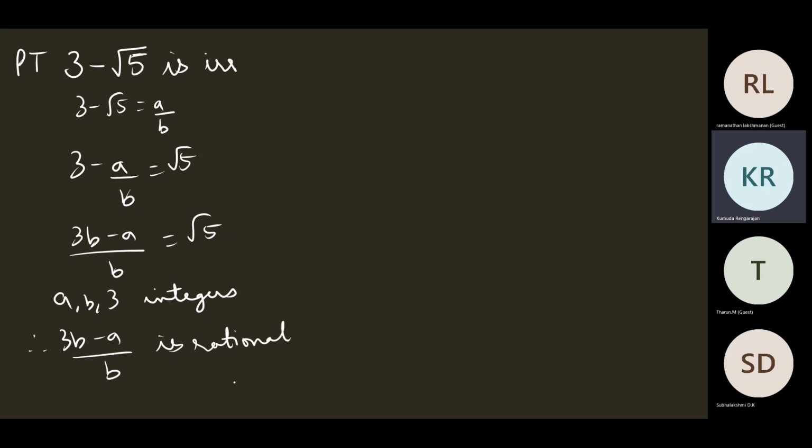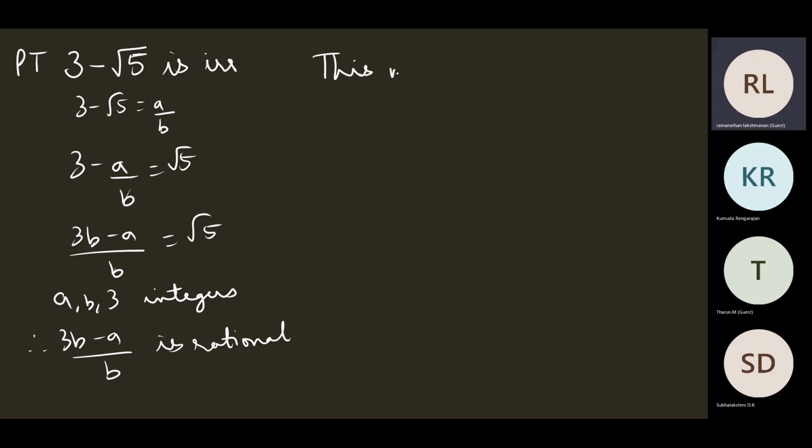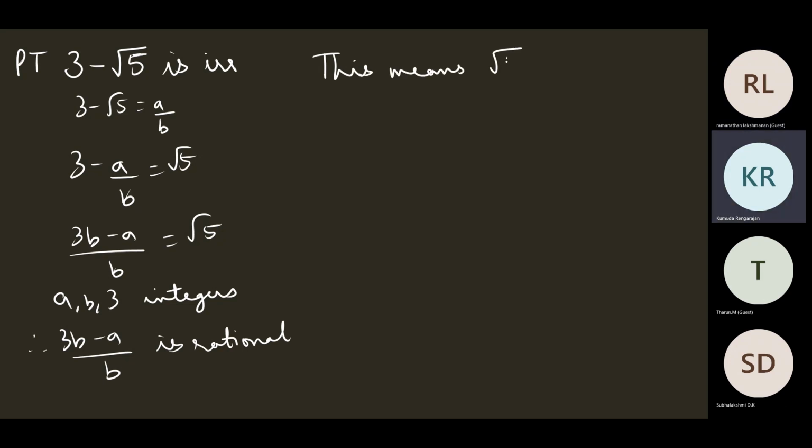This means root 5 is rational because it's an equality. Equality means both the sides are equal. On the left hand side, we have 3b minus a by b. Now we know that a, b and 3 are integers. So that means 3b minus a by b is rational because it's made up of integers. So on one side, if you have a rational, the other side also should be rational. This means root 5 is rational.